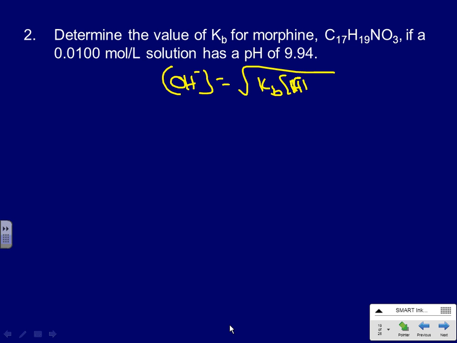Oops, that's a B. Square both sides, divide by the B.